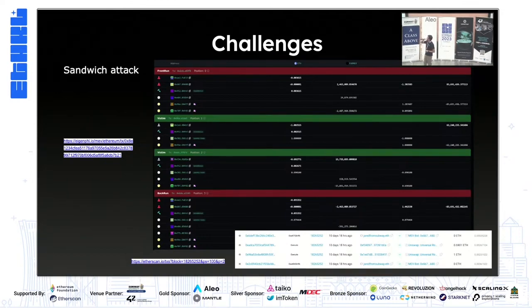There's a very useful website for this. You just paste the first transaction's hash there, and it can link up the other transactions and show you what's going on. You can see that this is the original transaction, so the victim is the one in the middle. And what Jared has done is front-run and back-run your transaction, which just means putting a transaction before and after so as to affect the swap price.